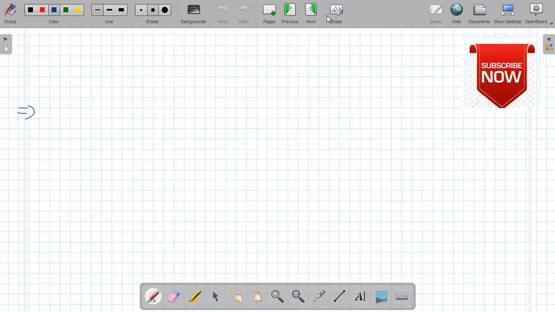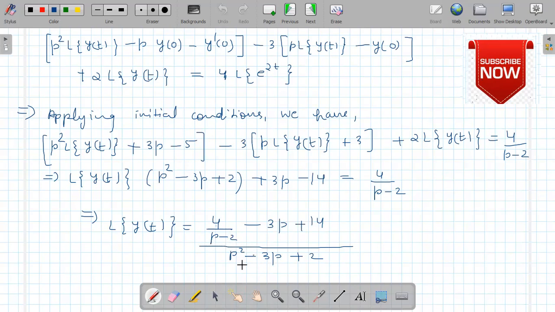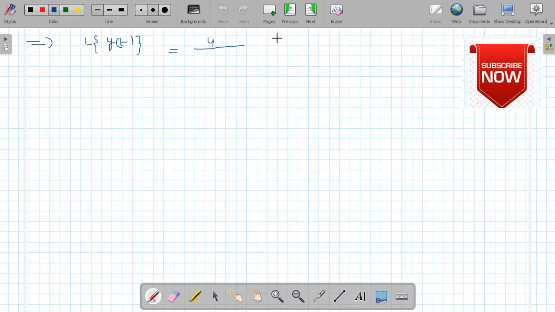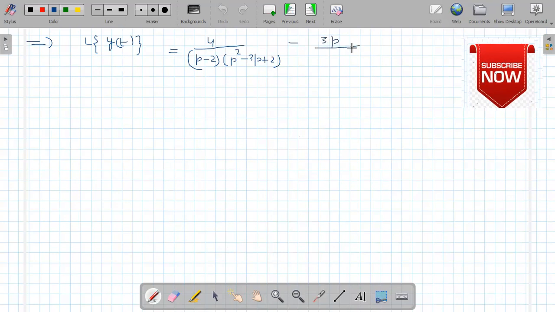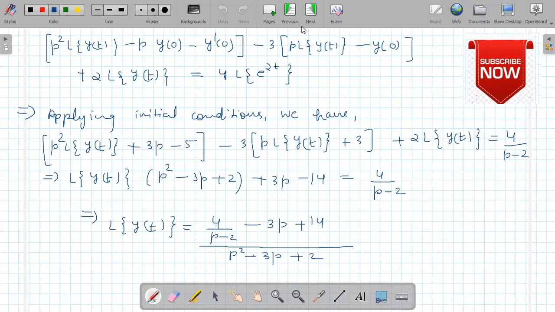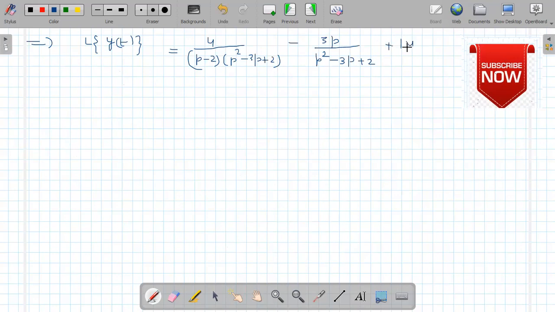So we will have Laplace of y(t) as 4 upon (p minus 2) into this, (p minus 2) into (p square minus 3p plus 2), and it is minus 3p upon p square minus 3p plus 2, and just 14 upon p square minus 3p plus 2.